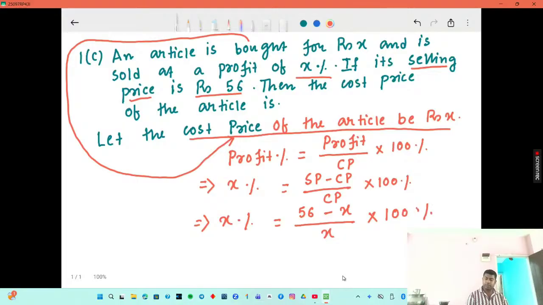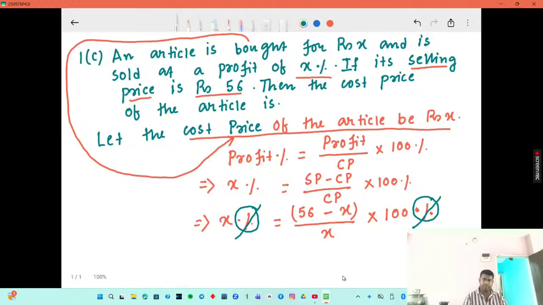100%. So now, as you can see, the percentage sign is on both sides of this given equation, so you can cancel the percentage sign. Is it clear?